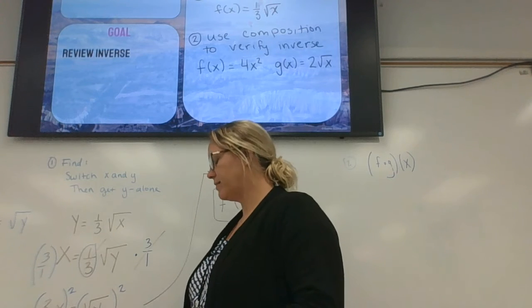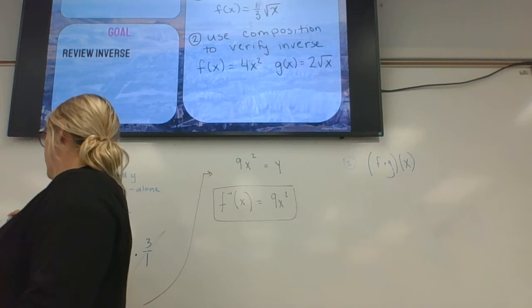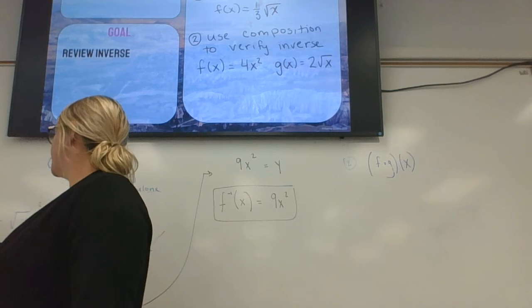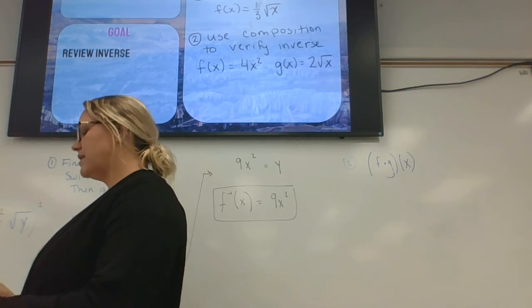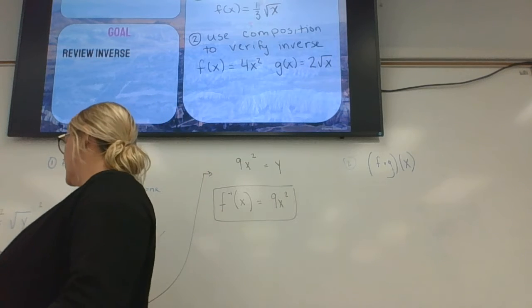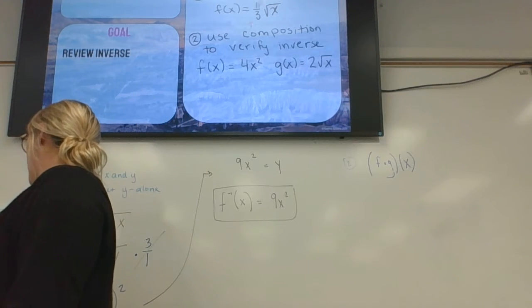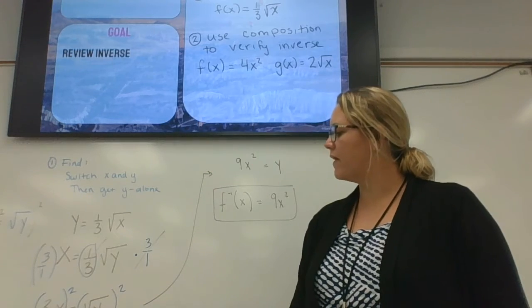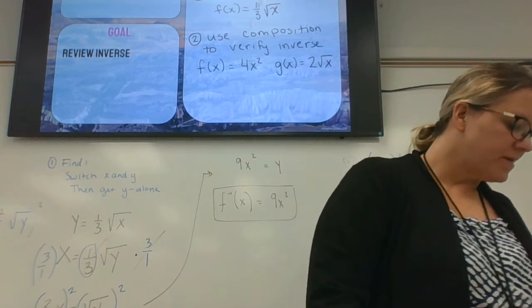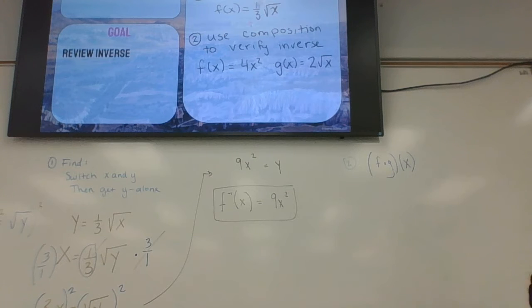Okay. So I'm squaring this. That means I have to square this. Okay. And this. I get it now. Making 9x squared. So they're both going in there. Other good questions? Good question.